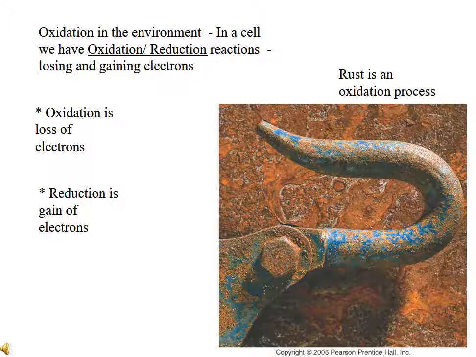Oxidation is a loss of electrons. Reduction is a gain of electrons. Now, when you look at some iron rust, rust is an oxidation process, which is basically a process where electrons have been lost. So all of the electron carrier systems revolve around oxidation-reduction reactions.